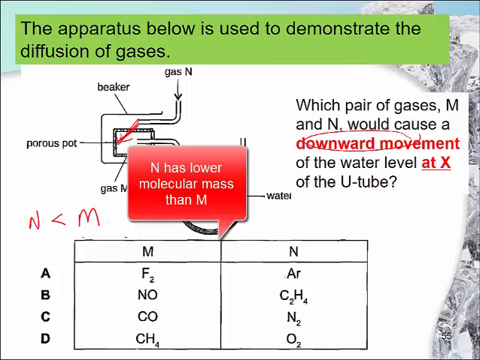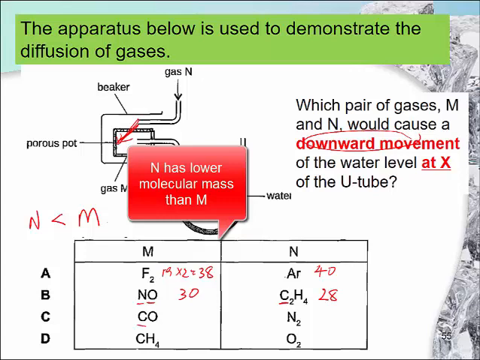So which one will it be? Let's check the molecular mass. Fluorine is 19 times 2, 38. Argon is 40. NO is of course 14 plus 16, 30. C2H4 is, carbon is 12 times 2, 24, so 28.